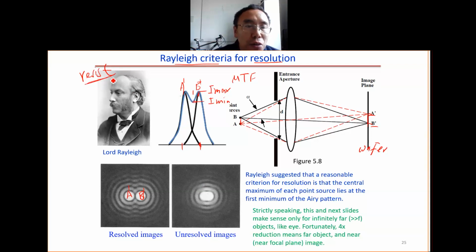If the resist is very bad, even something like this may not be resolved. So the Rayleigh criteria is only a very rough criteria without considering the property of the photoresist. We will look at the property of the photoresist next time. Thank you.